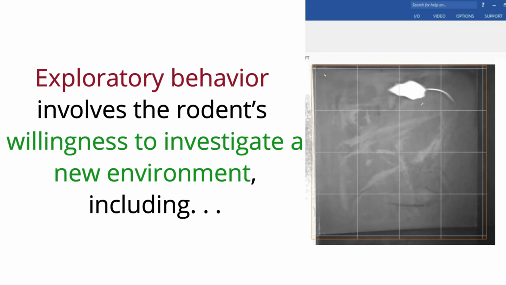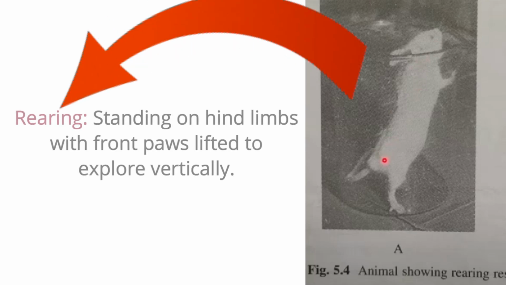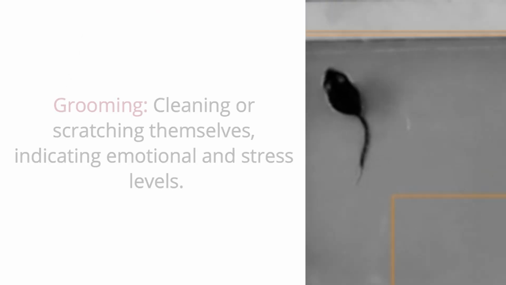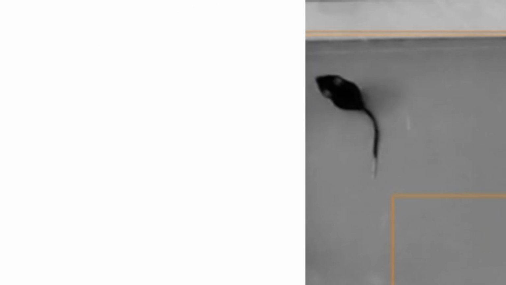Exploratory behavior involves the rodent's willingness to investigate a new environment, including rearing, standing on the hind limbs with the front paws lifted to explore vertically, and grooming behaviors, cleaning and scratching themselves, indicating emotional and stress level. So two types of behaviors animals show while exploring: rearing and grooming.